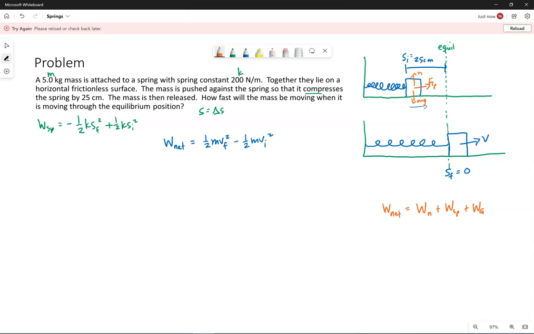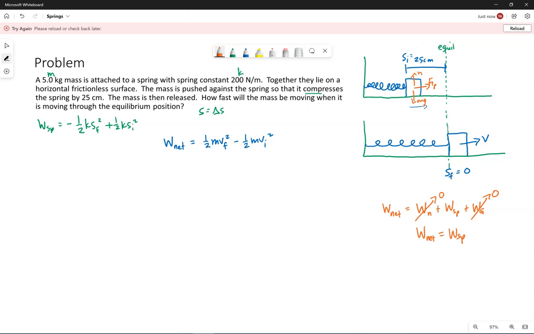But remember, because the normal force and the force of gravity both are perpendicular to the displacement, neither one of these will be doing work. And so in this case, the work done by the spring is the net work done.